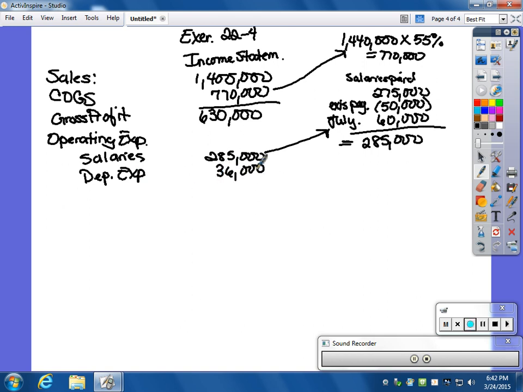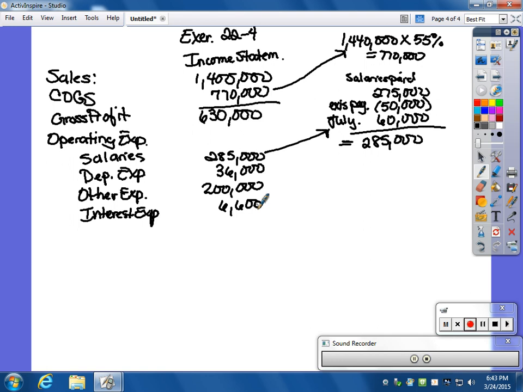What other expenses do you have? You just did all these on the other problem. 200,000. And then what else? Interest, right? What about income tax? We haven't gotten there yet. The interest is the bank loan interest, 6,600, a 1% monthly expense.